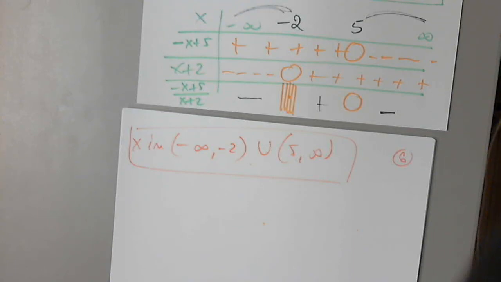We're not talking about the domain here. The domain would be everything but negative 2. That has nothing to do with this question. In this question, we are asked to find what x should be for the inequality to be a true statement. The inequality is a true statement only if you pick here or there and plug it in. If you pick between negative 2 and 5, it will be greater than 0.